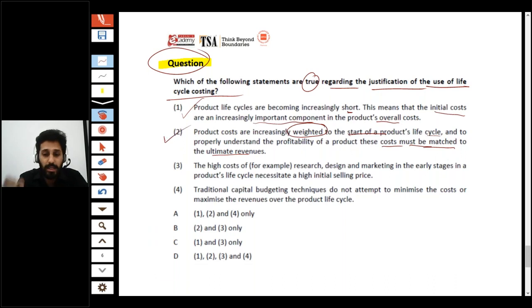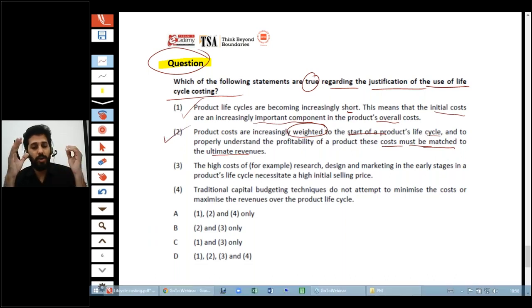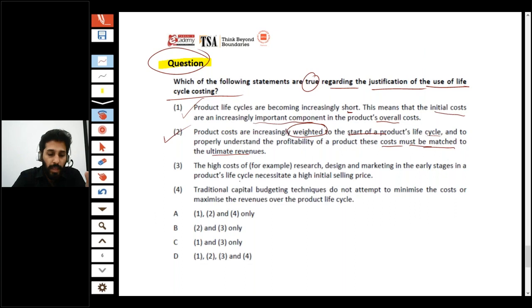Yes, this must be matched because the costs are getting increased, and the cost must be matched with the revenue so that you can estimate your profitability.